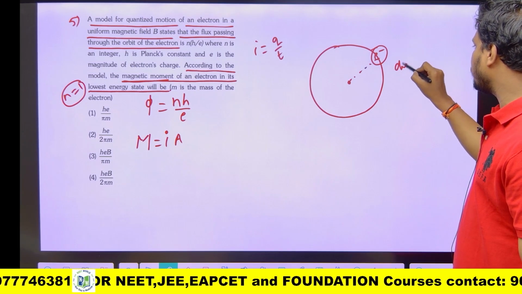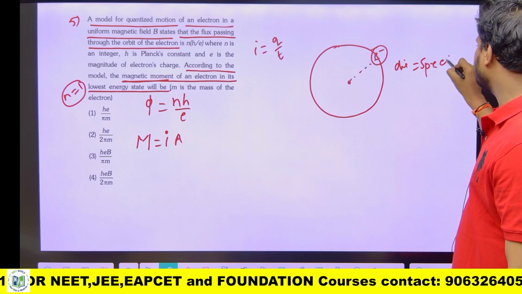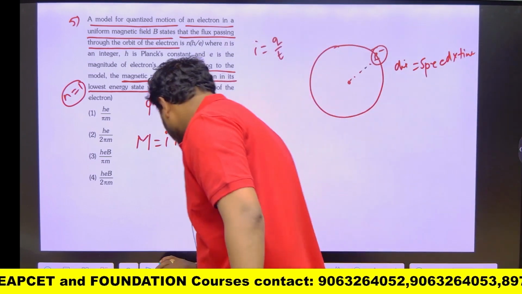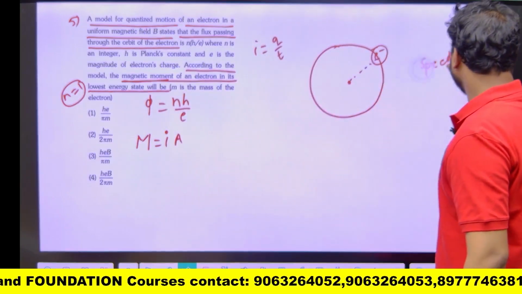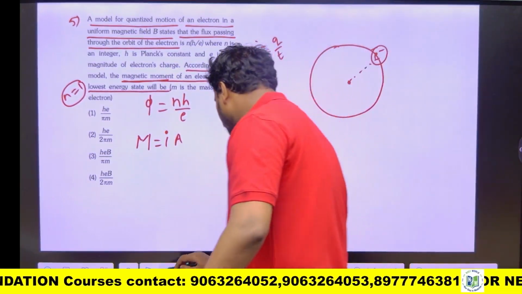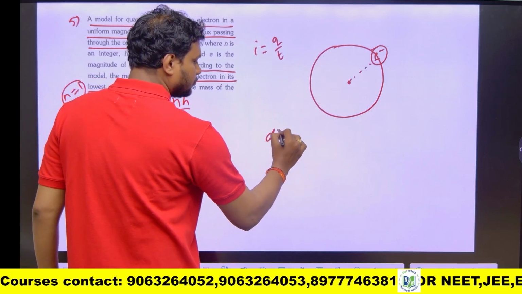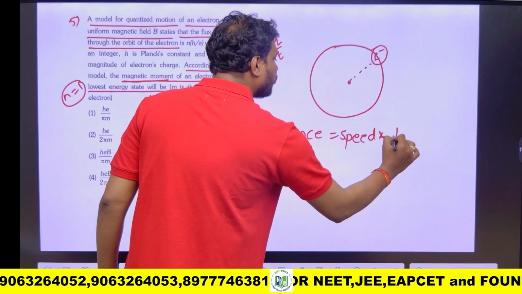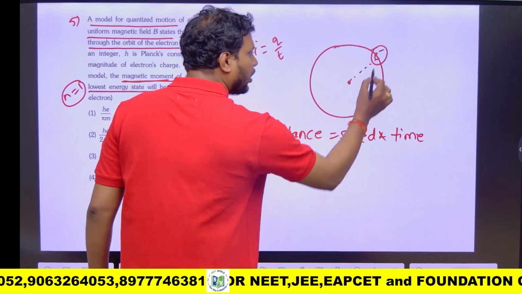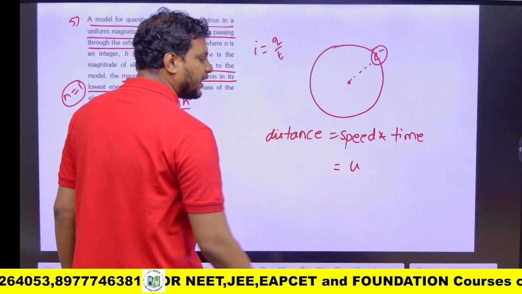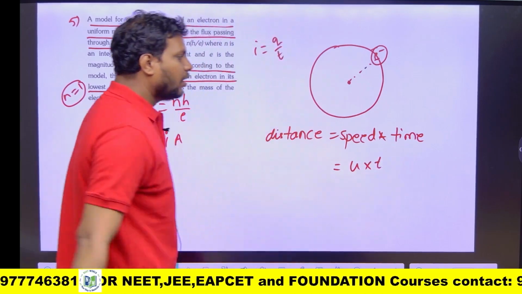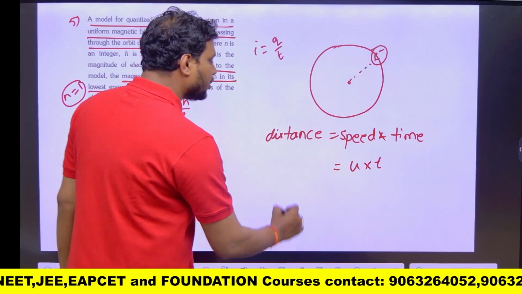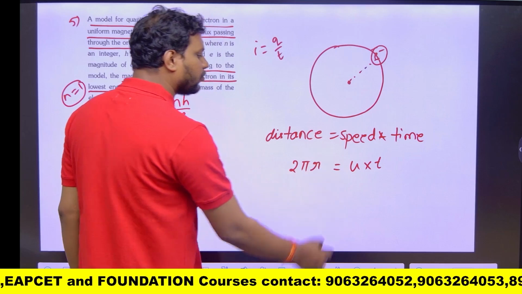We are going to find the current associated with this revolving electron. For that, I'll take time or distance. Distance is equal to speed into time. Let us suppose the speed of the electron is u and time is t. The distance traveled by the electron for one rotation is 2 pi r, the circumference of the circle.